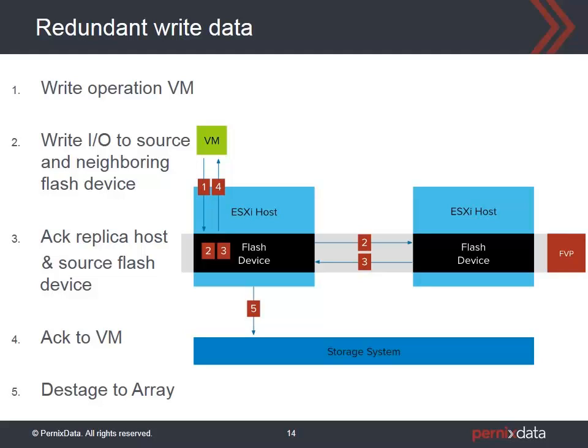So what happens if there is a failure in the system? The last thing you want to do is keep track of every component to make sure that the data is safe. So we do that for you, by automatically transferring write policies back to write through. And when you do write through, all the data is always safe because it's sent to the local flash device and to the storage system before we acknowledge.